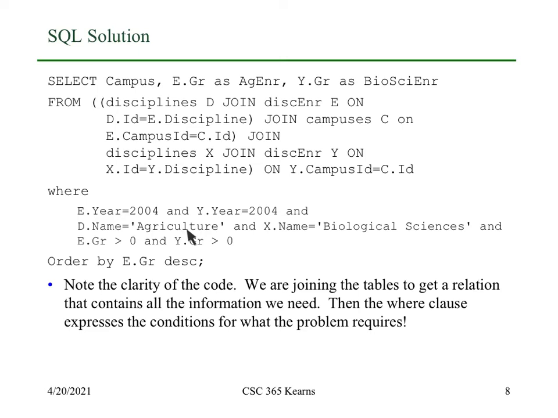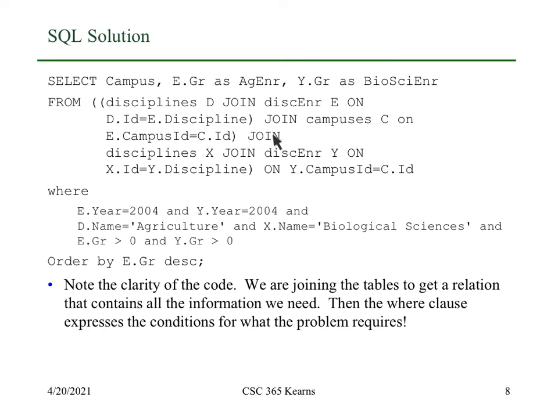And we're going to filter on the discipline in both copies of the discipline table, the relevant disciplines, agriculture in one and biological science in the other. And then we're going to make sure that both the graduate enrollments are greater than 0. And what goes on in the join is exactly what we talked about in the previous slide. First, we're going to create the join that represents the solution to the agricultural problem.